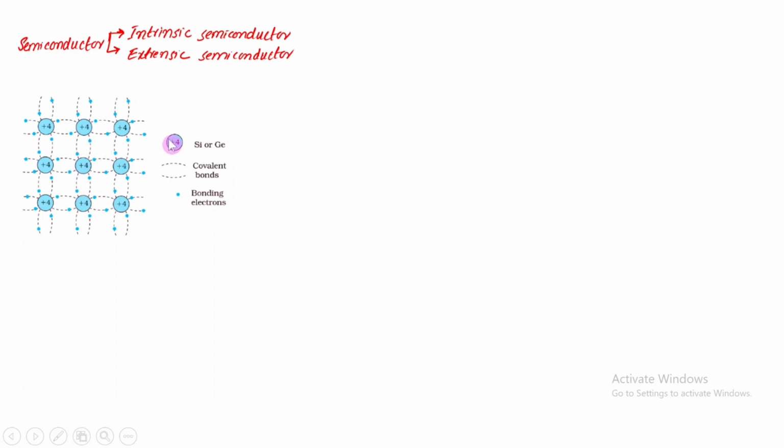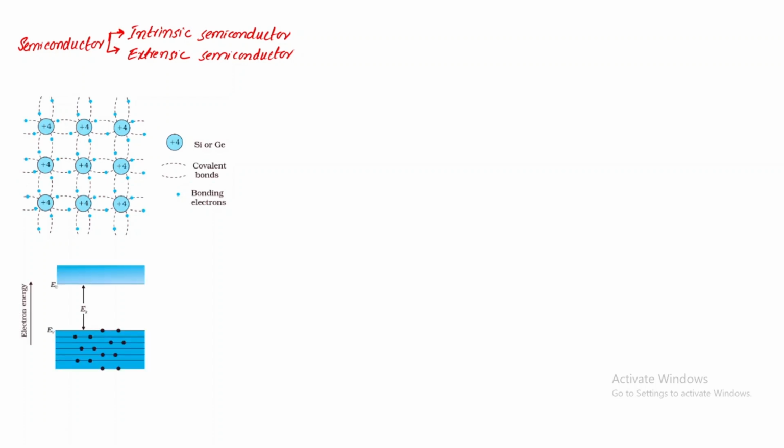This is that same scenario, and all these electrons are bound to their atoms, meaning that all these electrons are in the valence band of the energy band diagram.